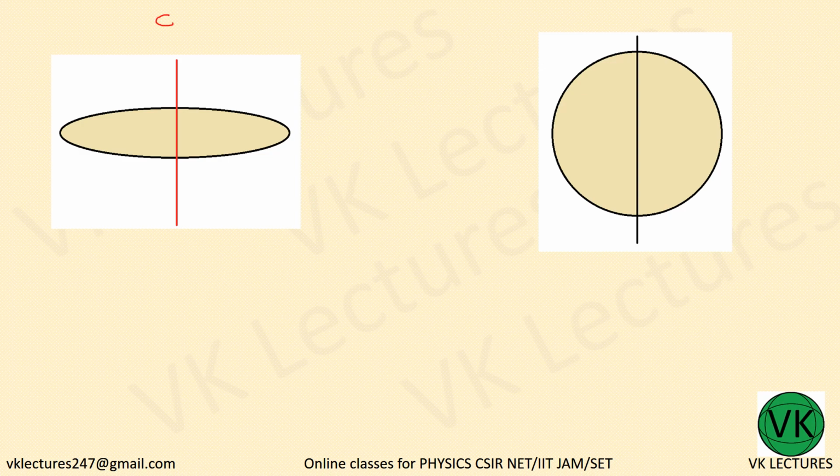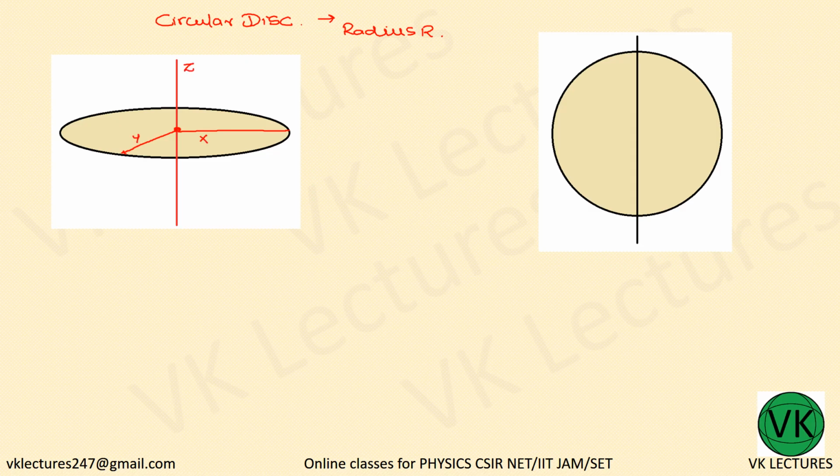Here we have the circular disc and the radius is r, and the same way here also we have the center, and this is the radius, this is the x-axis, this is the y-axis, and this is the z.